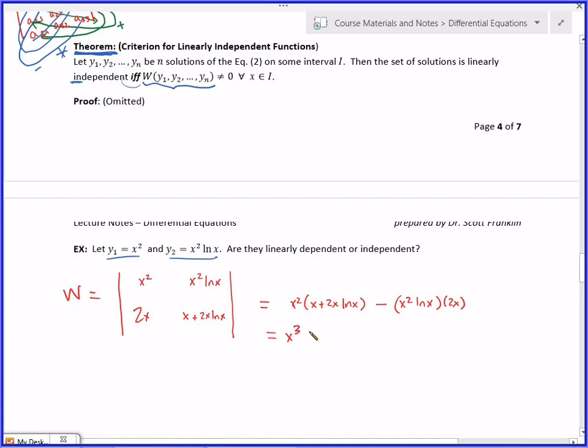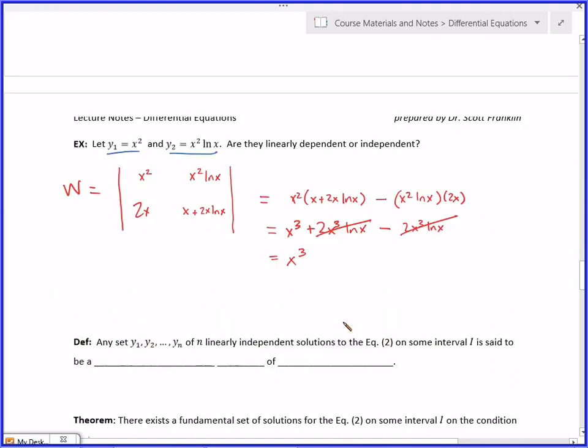So we get x cubed plus 2x cubed natural log of x minus 2x cubed natural log of x. Okay, so that's the Wronskian.